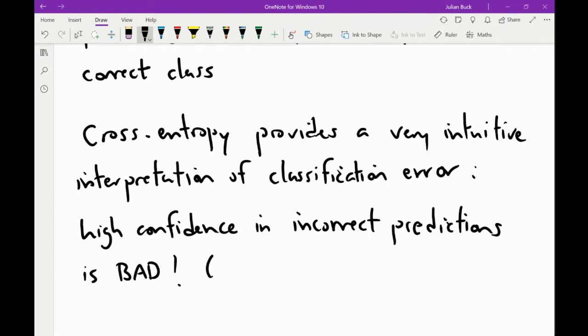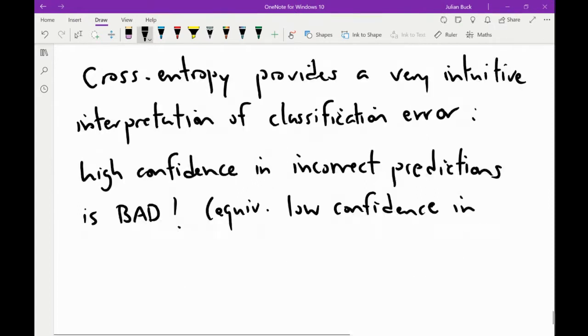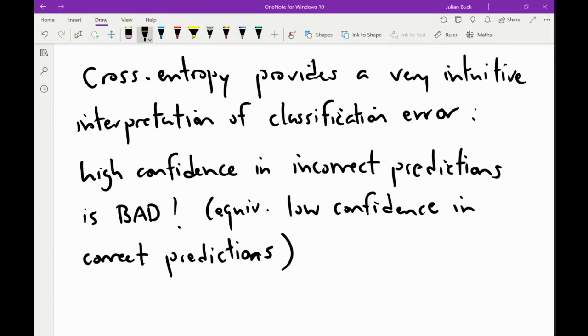Or equivalently, the way we've actually set it up in some sense is low confidence in correct predictions, right? But these are symmetric. One way to say it is that we had high confidence the data point wasn't in class J, but it actually is, right? So there's a symmetry here: high confidence in incorrect and low confidence in correct mean the same thing. Okay, so that's a nice reason to use cross entropy because it interprets in a nice way.